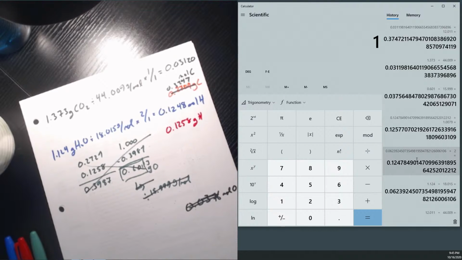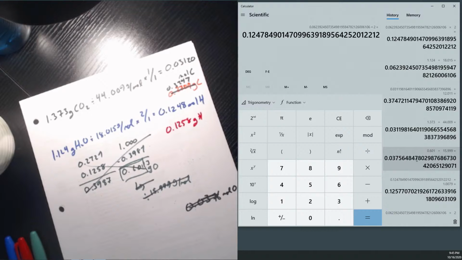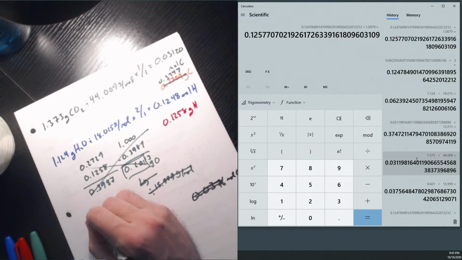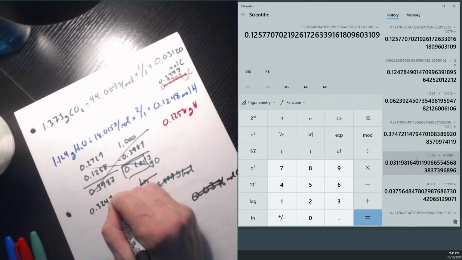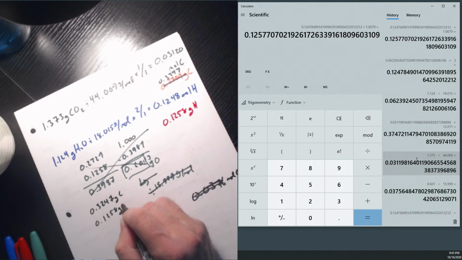Now let's double check the water. 1, 2, 4, 8. Okay, now we multiply that by 1.0079. Okay, good. That number was correct. So 0.3247 grams of carbon and 0.1258 grams of hydrogen.